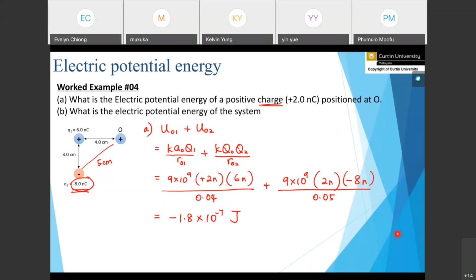Now we want to quickly move on to a system. For a system, you look at the whole thing. Then you have to compare between Q1 and O, between O and Q2. Then you also have to compare between Q1 and Q2. Remember, for a system, compare everything.